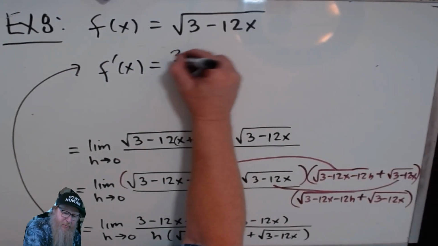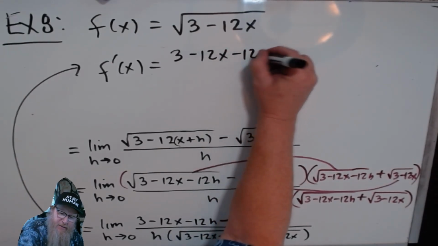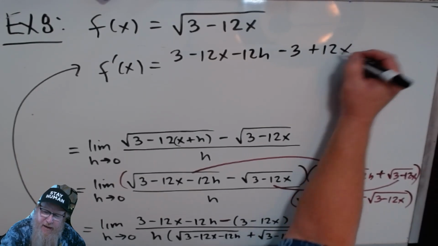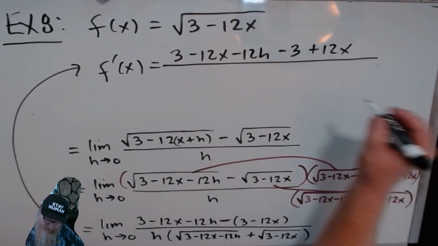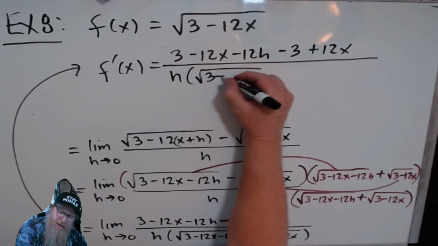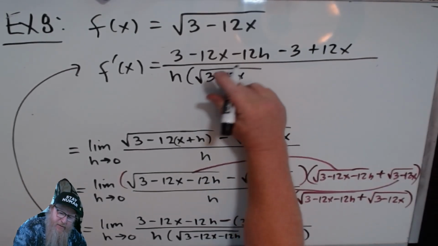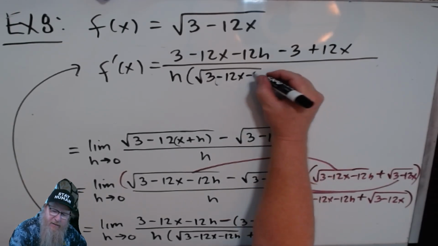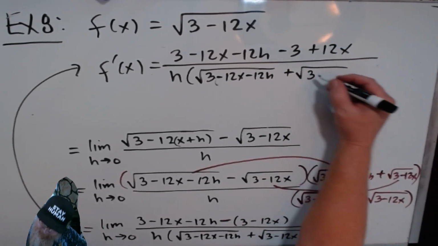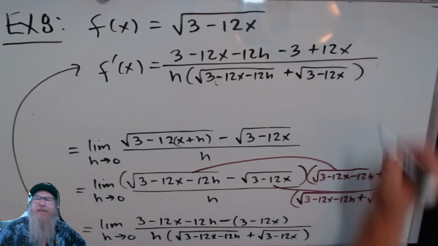It's going to be 3 minus 12x minus 12h minus 3 plus 12x all over h times 3 minus 12x minus 12h plus 3 minus 12x.